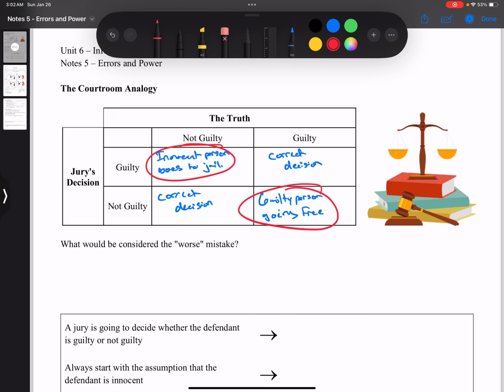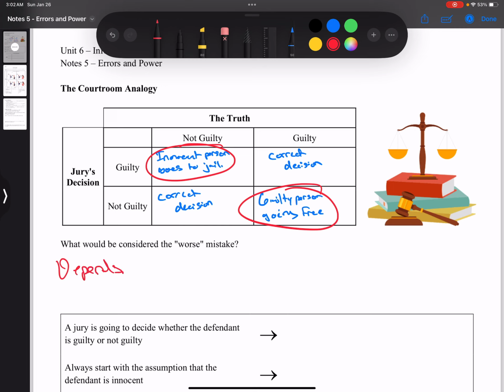Okay, so the first thing I want to talk about is what would be considered the worst mistake. So think about it for a second. We're going to have more of a discussion in class with this one, but just think, which one do you think is worse? Well, some of you might be thinking it sort of depends. It depends on the crime.